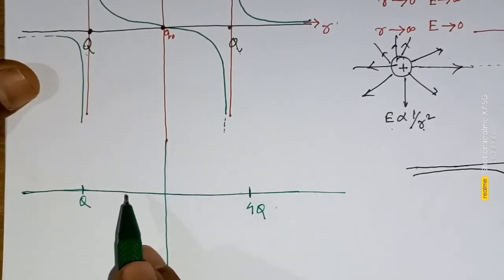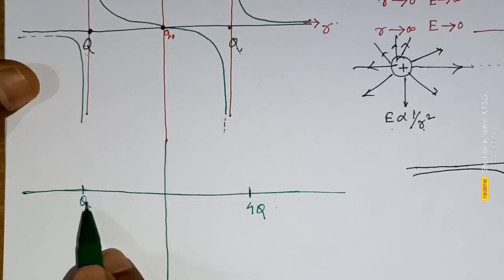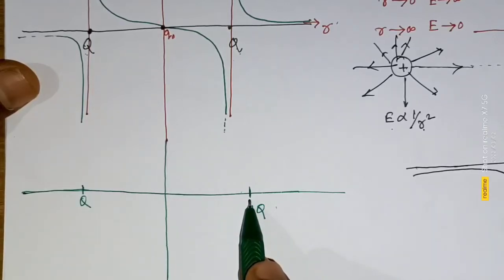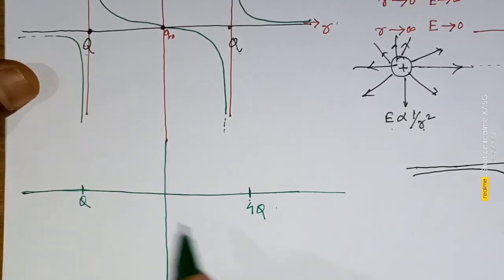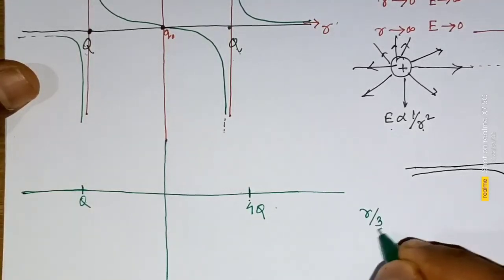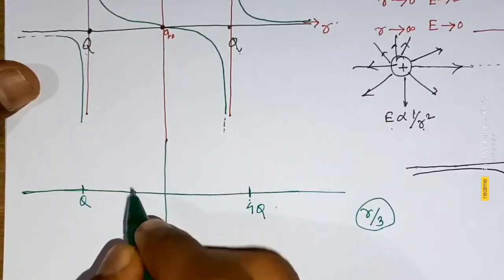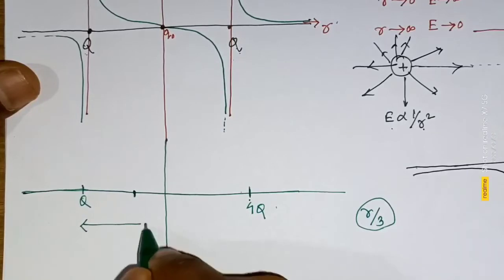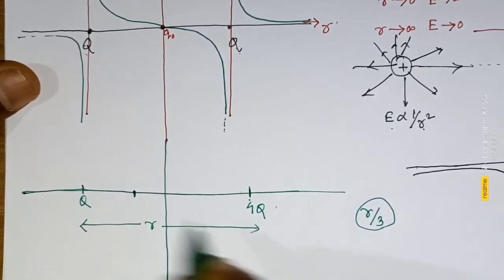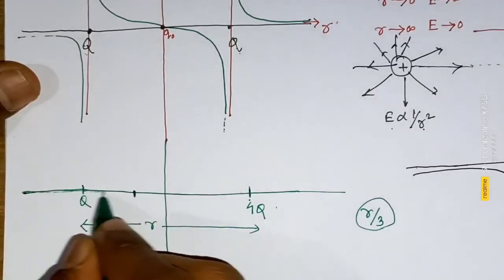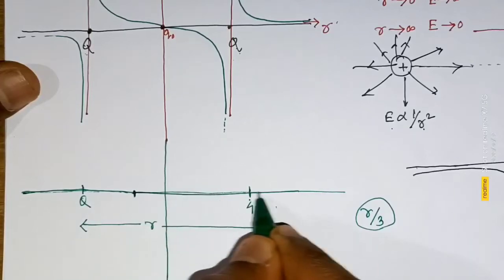Writing the net force of this charge and equalizing it, we will get the equilibrium point. If you go through my previous lectures, you will get that the equilibrium point in this case will come exactly at r by 3, and it will be nearest to the smaller charge. So here if the total distance is r, the equilibrium point will come nearest to the smaller charge, where the net electric field is 0.